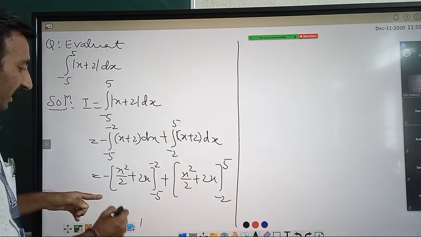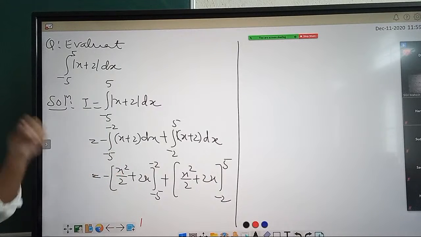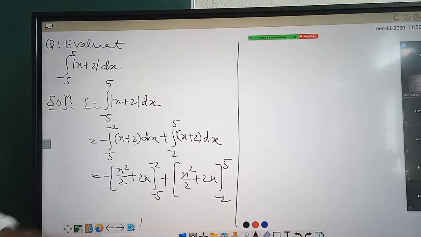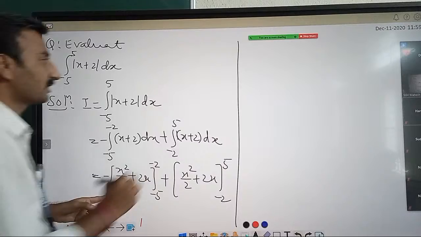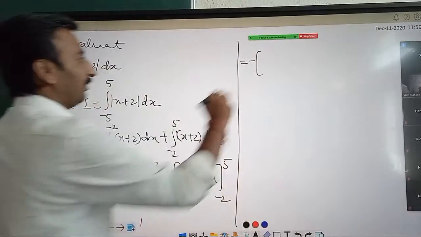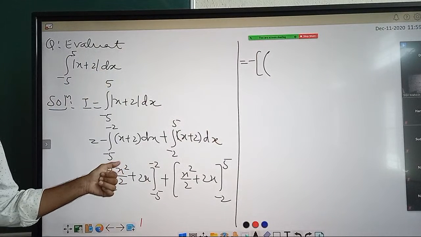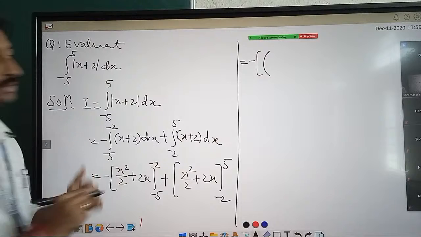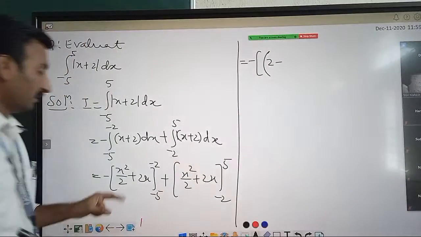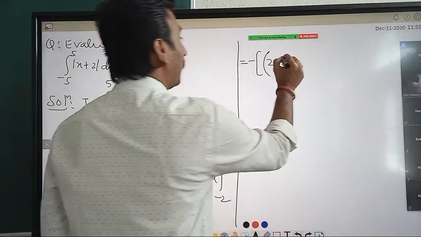Next, look at this: I put upper limit minus 2 and lower limit minus 5. In these problems we must be careful; two values come here, and calculation is very important, as small mistakes are also considered. Upper limit: take the bracket and put x equal to minus 2. x square is 4, 4 by 2 means 2, so 2 comes here. With x equal to minus 2, 2 into minus 2 gives minus 4, so I get minus 2 as the upper limit value.